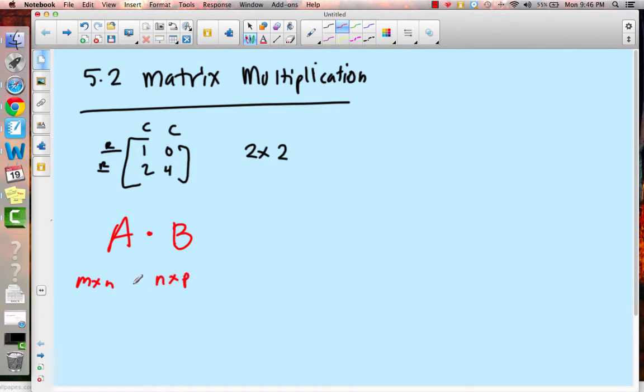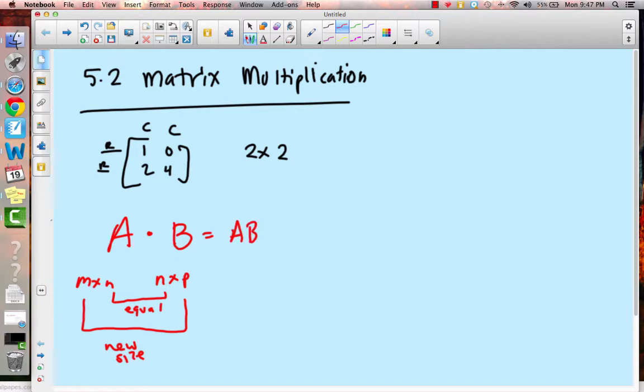What you would notice is that in order to have these multiplied, the middle numbers, so here we've got two n's in the middle, those have to be equal, and then if those are equal, that means we can multiply them together. And the new dimensions of our answer are going to be the dimensions of the outside numbers. So this is our new size, our new dimensions, and that would get us matrix AB.